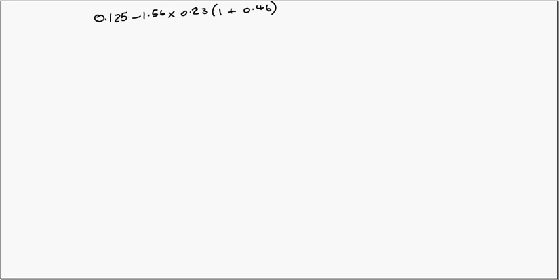So this here will be the same thing as saying 0.125 minus 1.56 times 0.23, 1.46 in brackets. Okay, because that's straightforward. You don't need to go and put pen to paper to get that done.